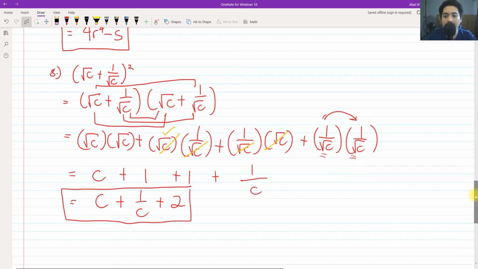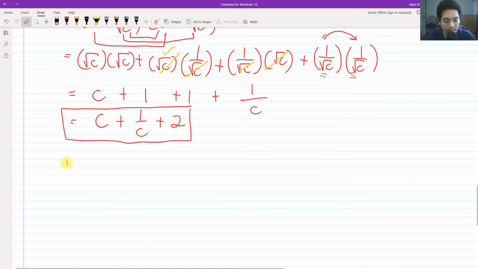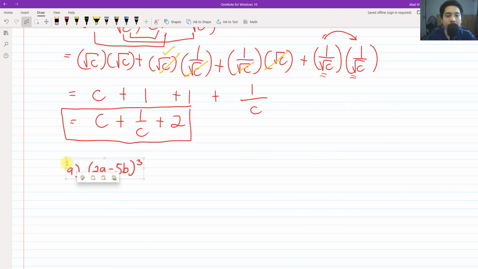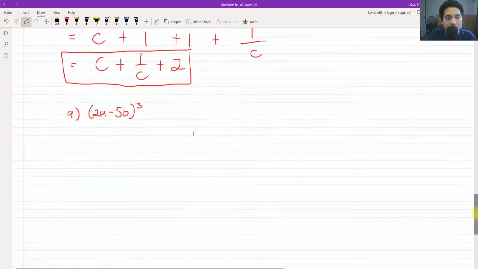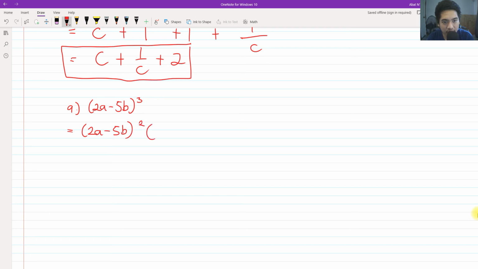So for number 9, second to the last, you have a cube. 2a minus 5b cubed. So technically, we can rewrite this as 2a minus 5b squared multiplied by 2a minus 5b.